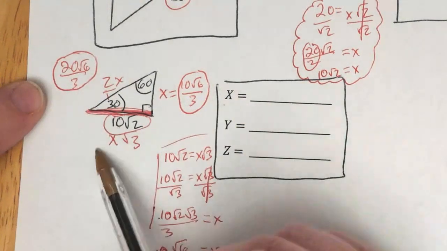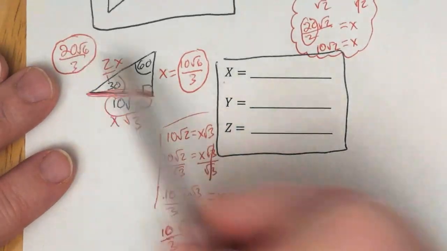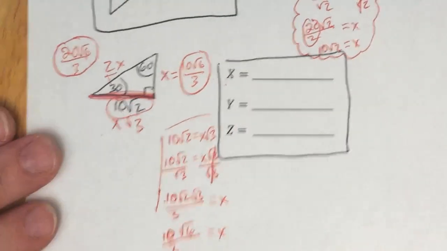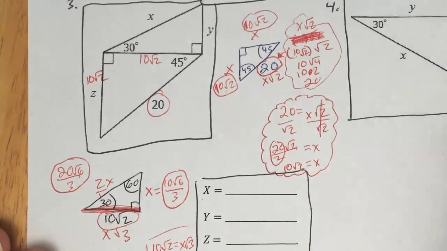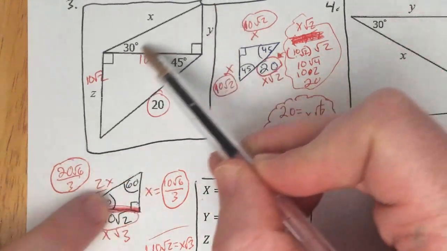Now we have all 3 sides. With all this crazy stuff right there, you got all 3 sides now. So that's perfect. We're going to take this and put it back into our pretty, pretty picture. This side right here is 20 radical 6 over 3.